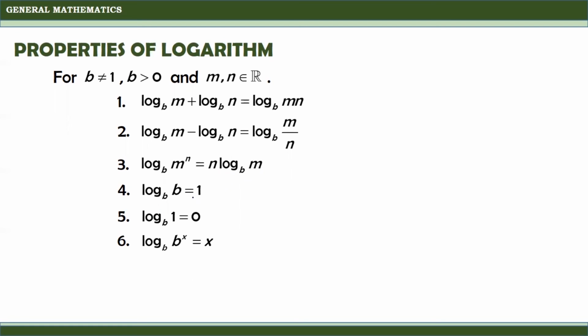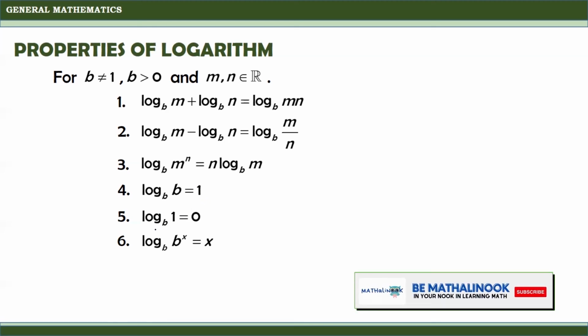The fourth property states that the logarithm of b to the base b is equal to 1. Here, we can see that the base and the power are equal. If this happens, then this logarithmic expression will be equal to 1. Number 5, the logarithm of 1 to the base b is equal to 0.